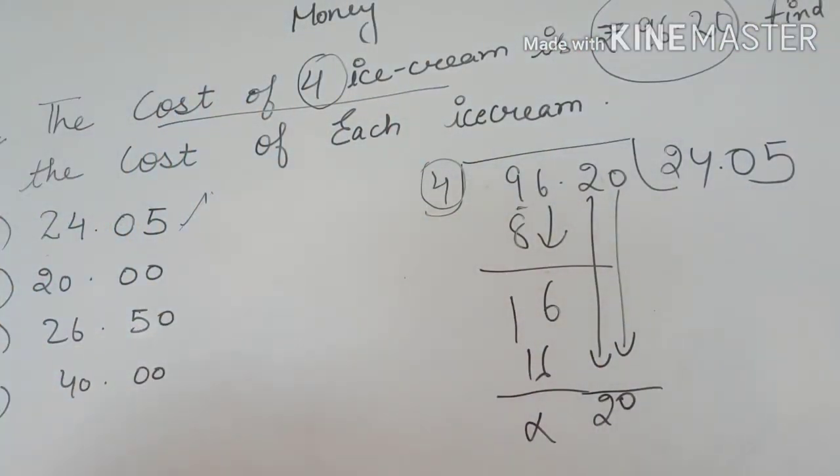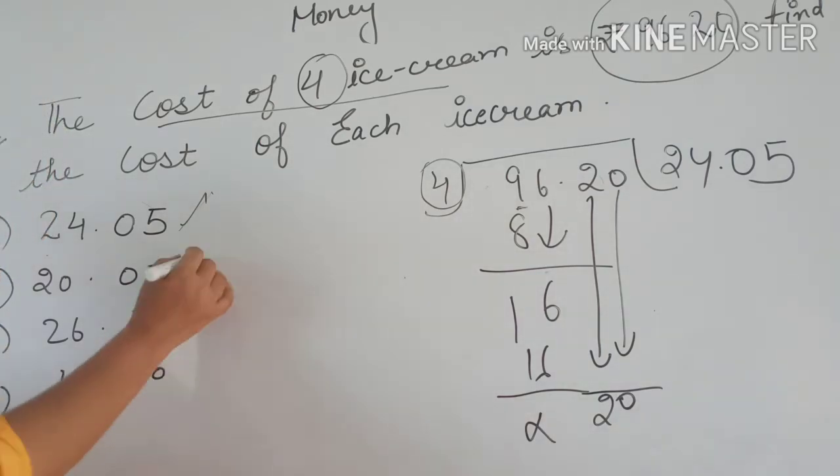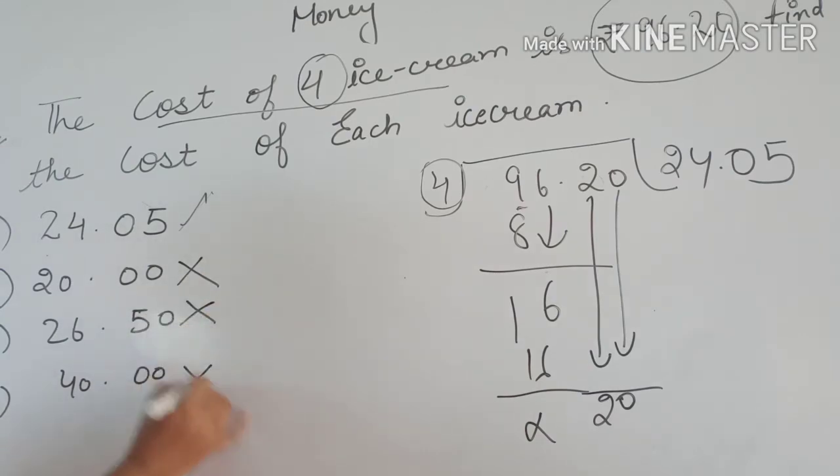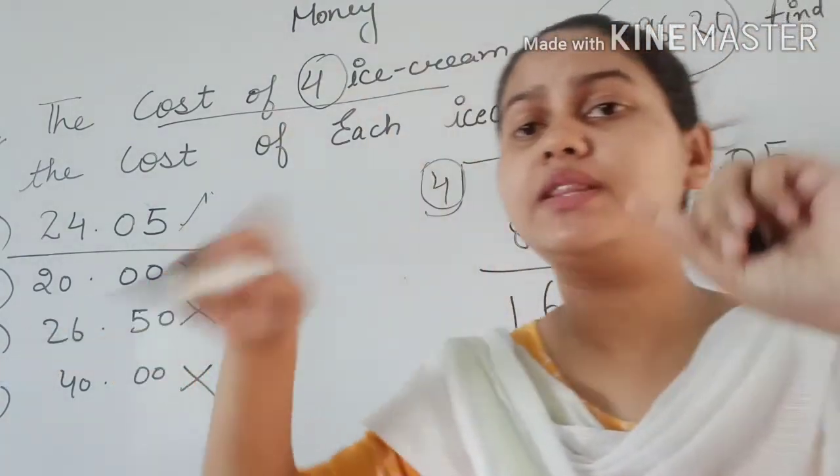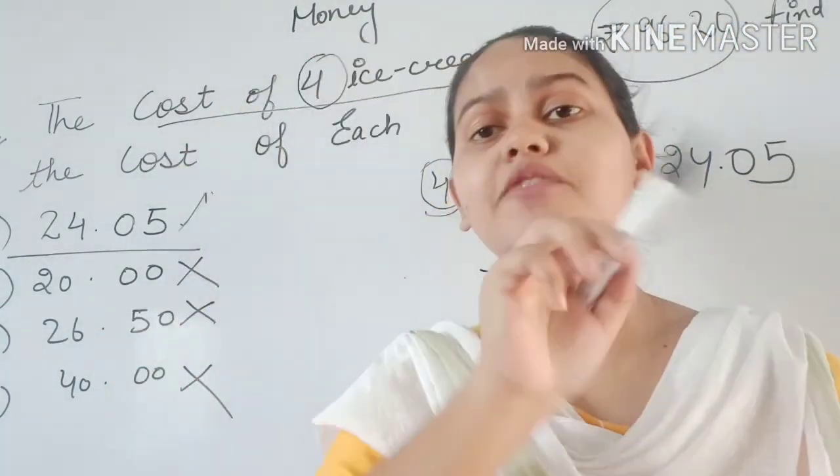You can see I have done your division here, and now we know which one is the perfect answer for us. This one is not perfect, this one is not perfect, this one is not perfect, but equation A, okay, this one is perfect. How? Because now we know the difference between multiplication and division.